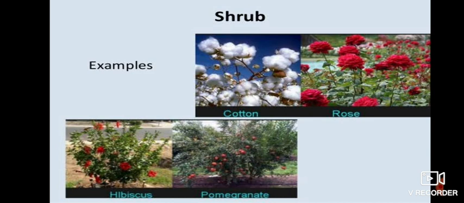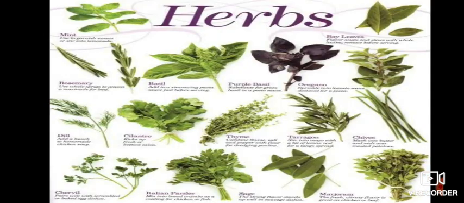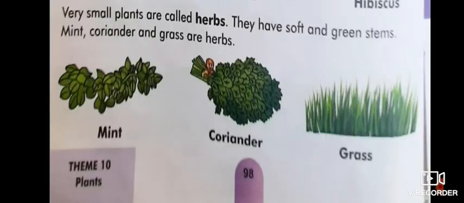All right. Now the next type is herbs. Now what are herbs? Herbs are very small plants. Trees are big and tall plants, shrubs are plants which are smaller than trees, and herbs are very small plants.